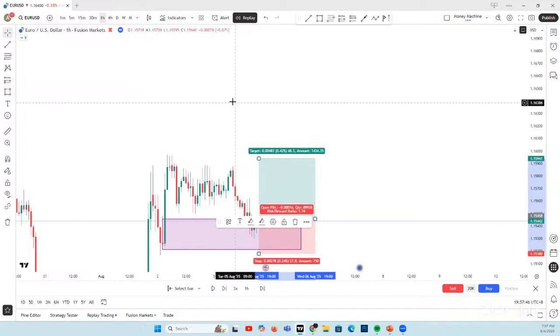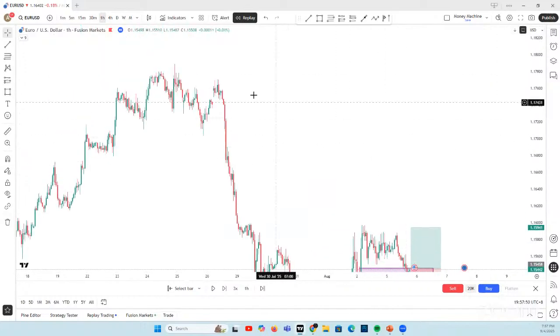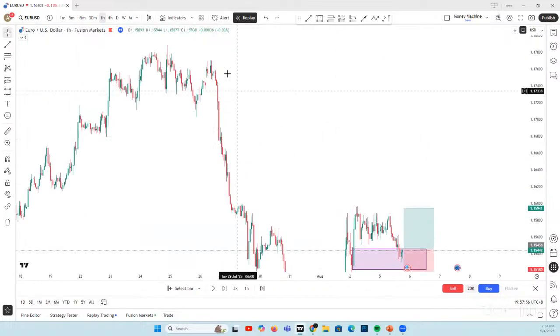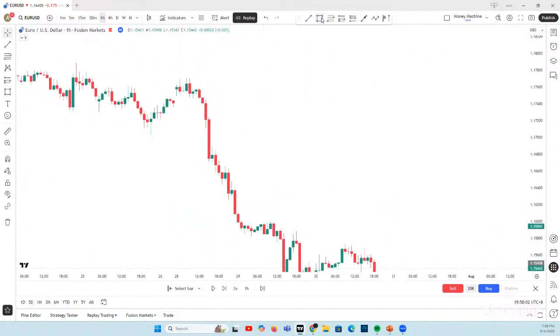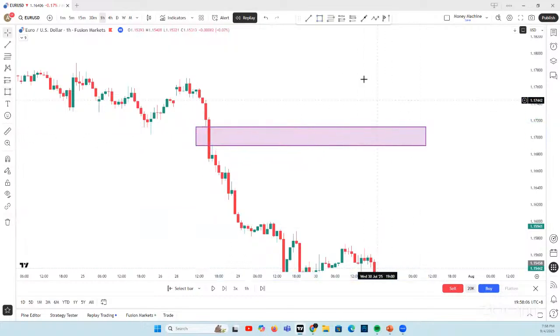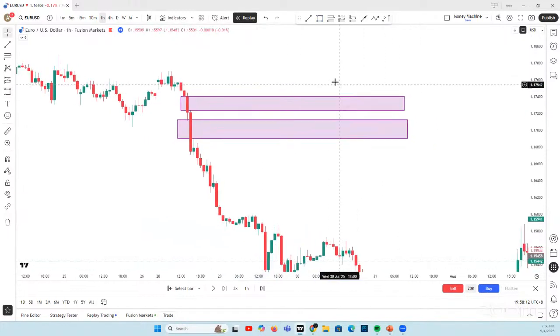So what is the best thing to do? Look to your left. All this, right before we even started, I told you we are in a downtrend. All this is fresh levels here. All this imbalance. You see, you zoom in now. Where is your imbalance? This is a lot of FVG here.